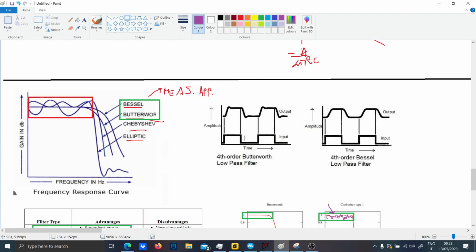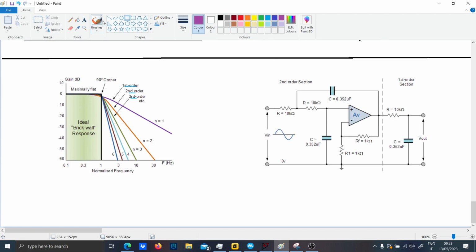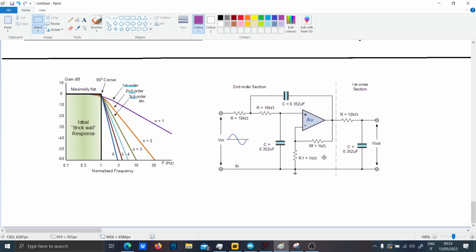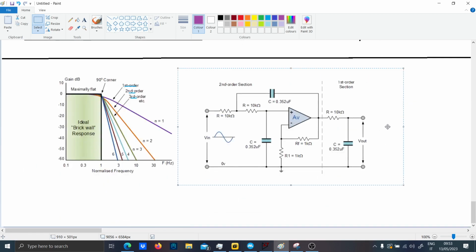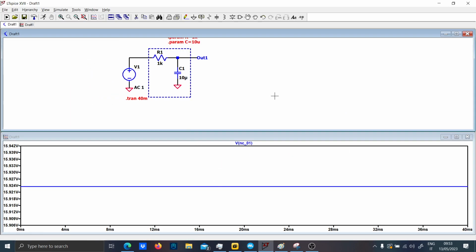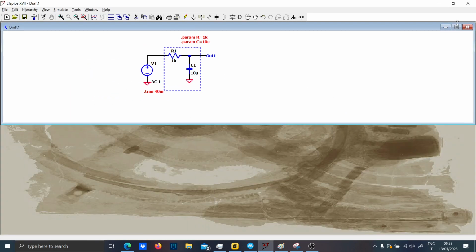So let me put the active circuit here on LTspice. By the way, this is a third order Butterworth filter, so I will also teach you how to simulate this kind of active filters. So let me close this, and let me copy this filter.